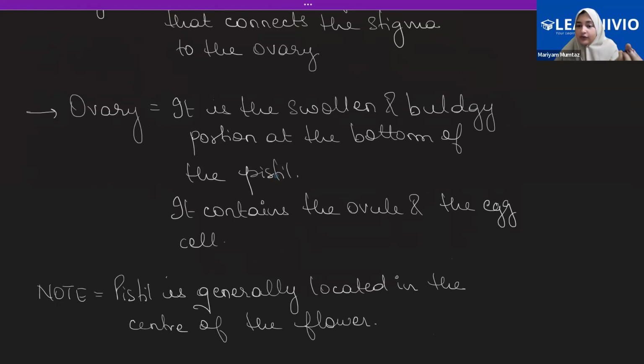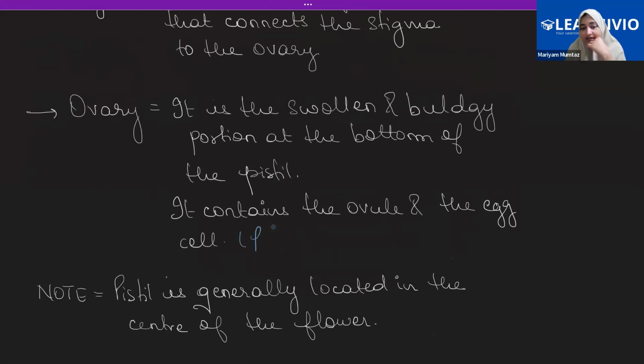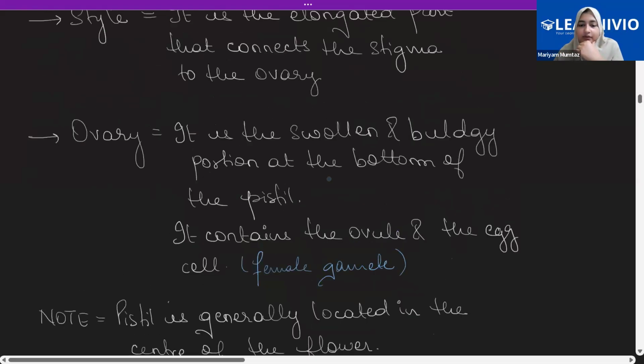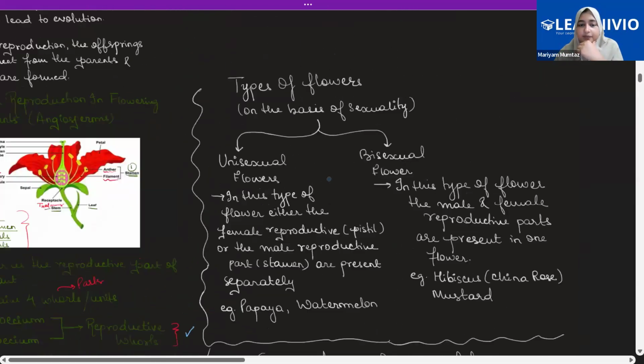And inside the ovule, there is the presence of the egg cell, which is the female gamete of the flower. So the three parts of the pistil are clear to you, students? Yes, ma'am.